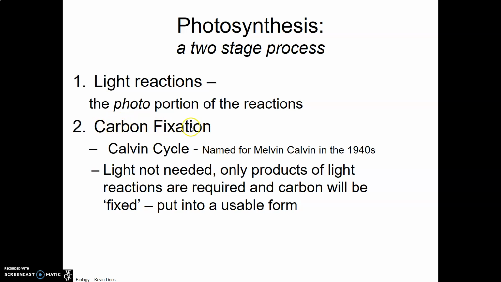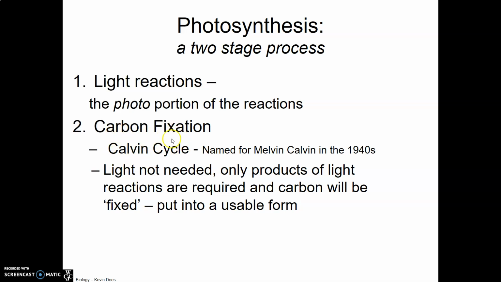Sometimes this pathway is called the Calvin cycle, named for Melvin Calvin, who discovered it in the 1940s. It's also sometimes called the dark reaction, but I want you to learn it as the carbon fixation pathway, because naming it the dark reaction implies that it occurs at night, and that's certainly not true.